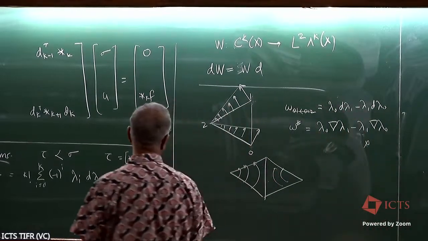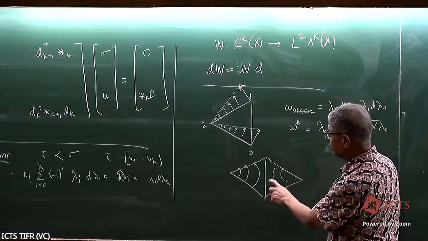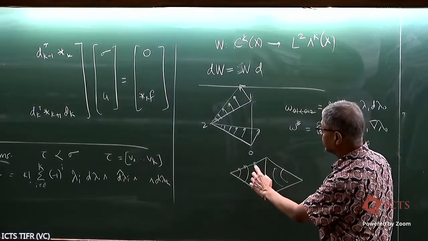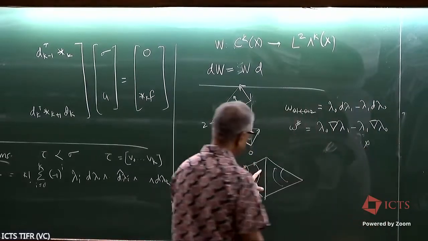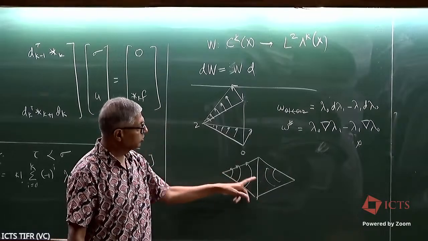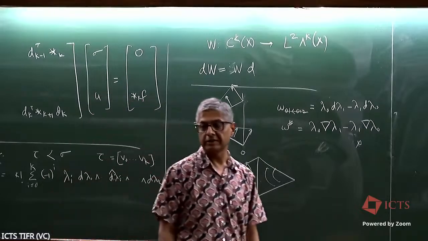The reason the mass matrix is not diagonal is because, for example, if you look at this triangle, this guy and the Whitney form of that guy will interact. So when you take the inner product, you will get a term due to that. So you assume outside everything is 0. But for both these triangles, whatever is the support of the edge is where the mass matrix entries will be.